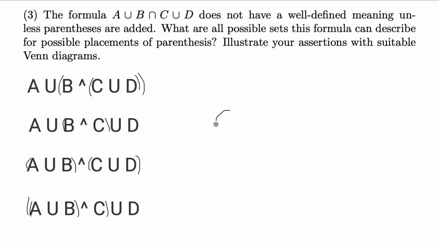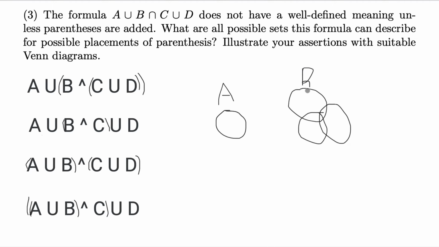We can then illustrate these, and a good example to illustrate these on is a set independent from a triplet of sets who share things. If we label this one A, B, C, and D, we'll see that A is included in this set and this set in its entirety.